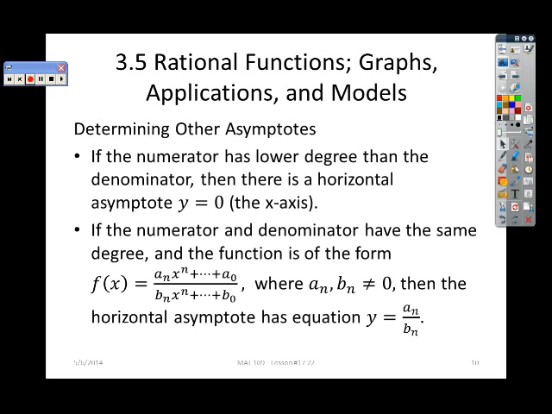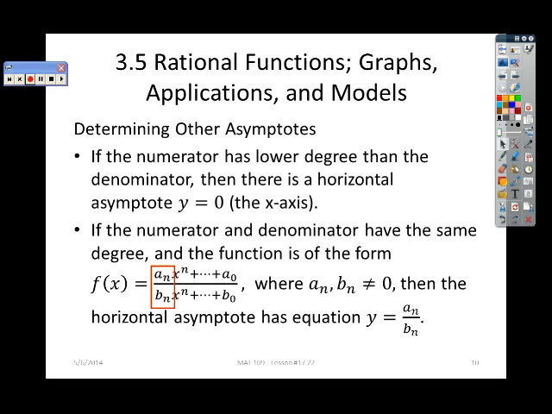But if that's not larger, say they're equal, say the numerator and denominator have the same degree, that would look like this. Both have the same largest exponent. When you have this situation, instead of this, you have this. You can't have both. It's one or the other. If you have this, you still have a horizontal asymptote, but it's located at y equals this fraction.